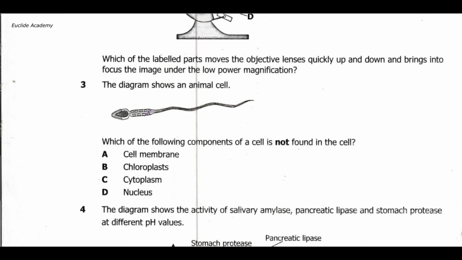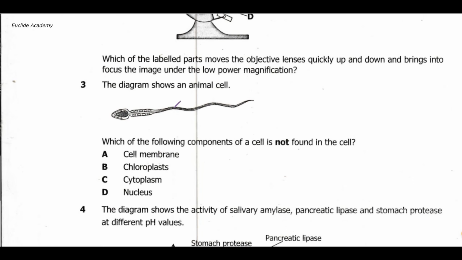We go to 3. The diagram shows an animal cell, and definitely this is a sperm cell. Which of the following components of a cell is not found in this cell?